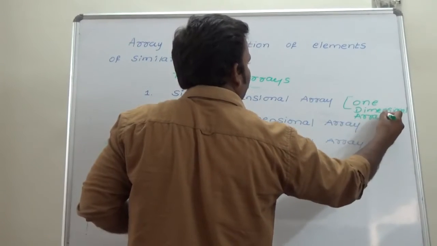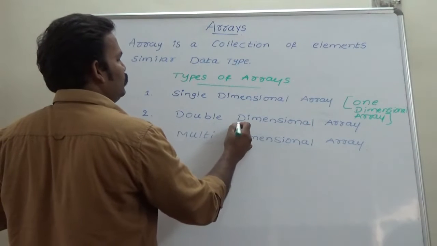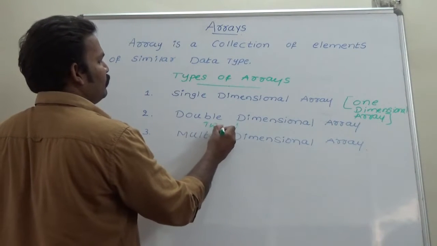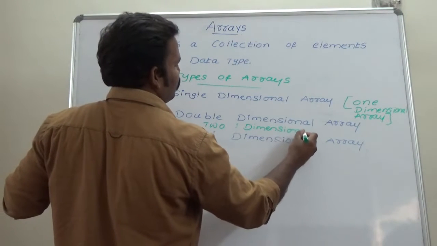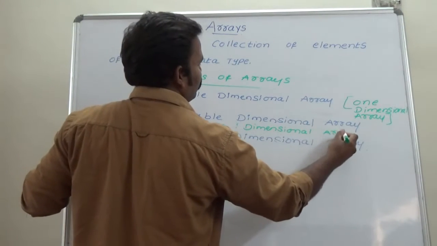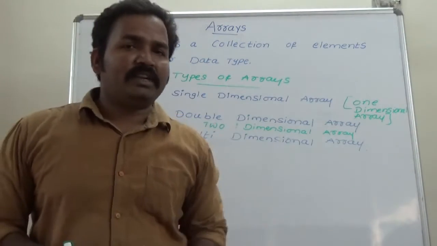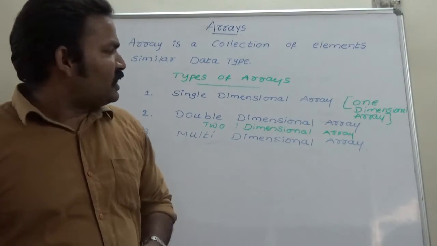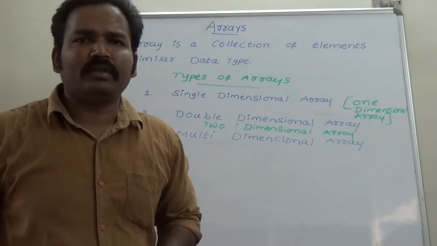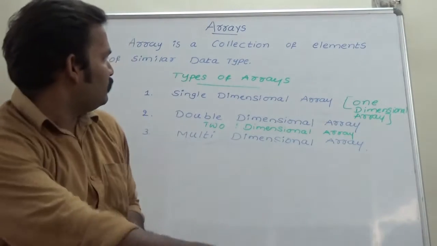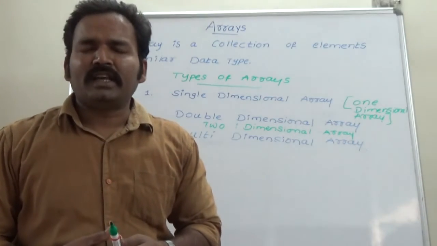Double dimensional array is also known as a two dimensional array. Next, multi-dimensional array. First, we will see single dimensional array. So what is a single dimensional array?